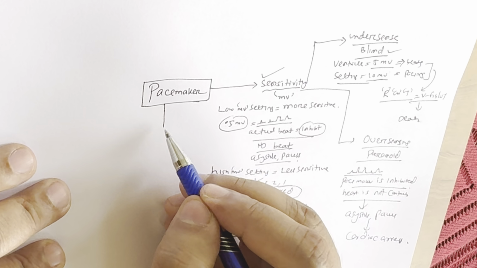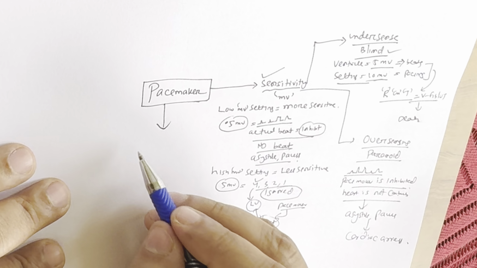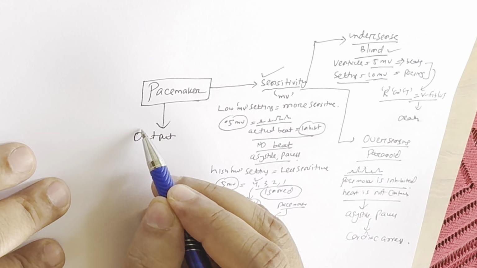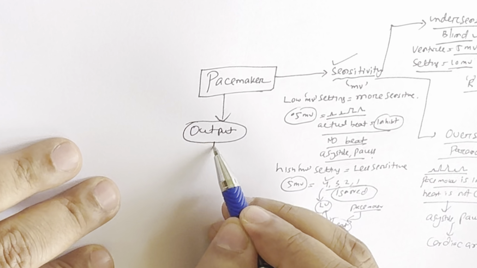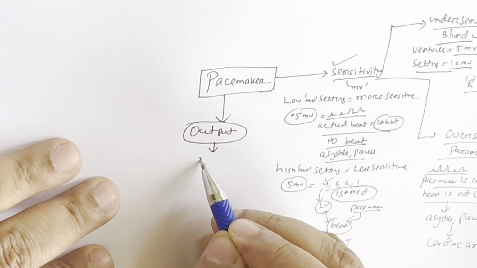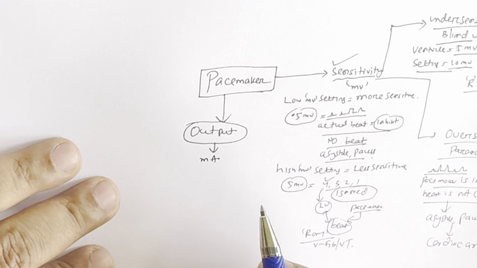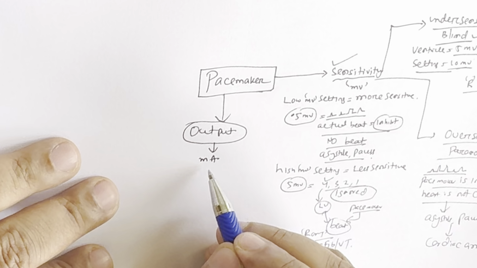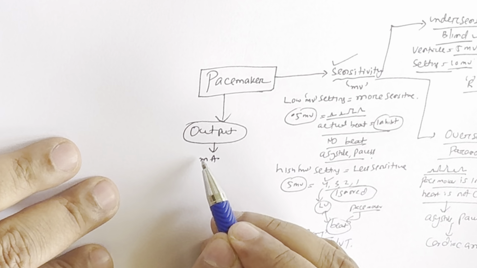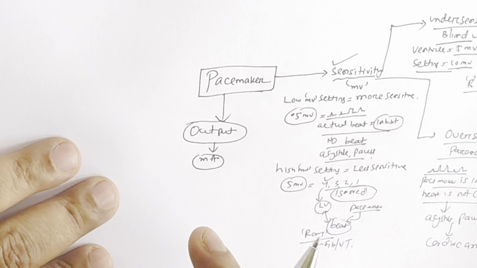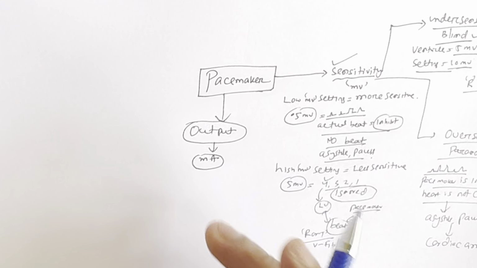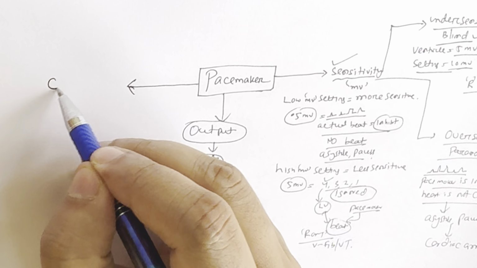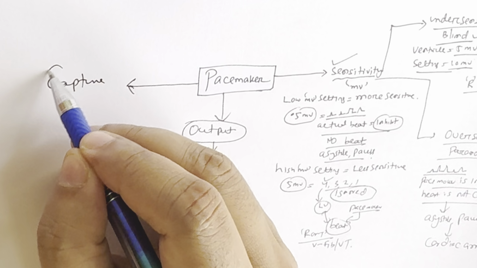Another setting we have is called the output. That is the current that the pacemaker sends to the heart to produce a contraction. It is measured in milliampere. Once the current is given to the heart, the heart has to capture it to produce a contraction.